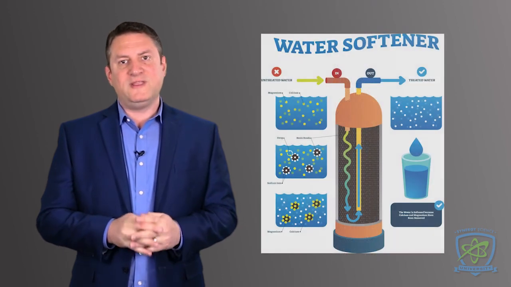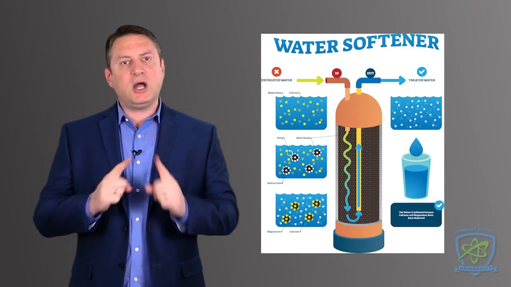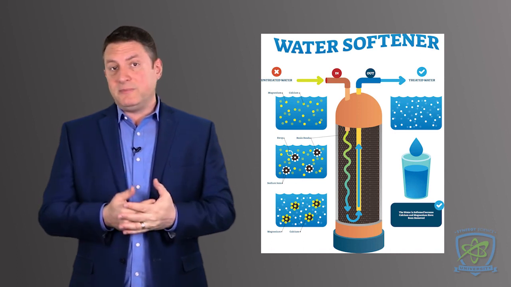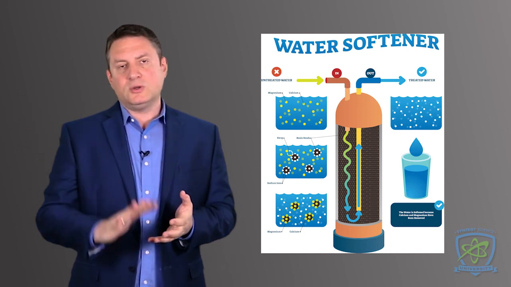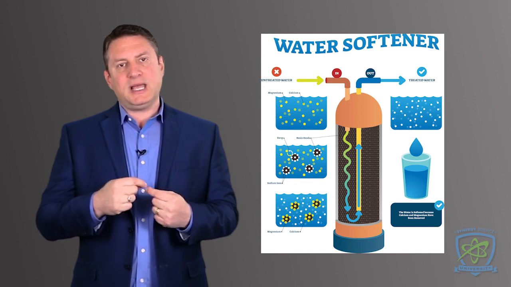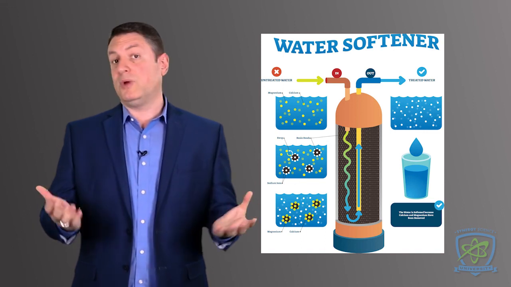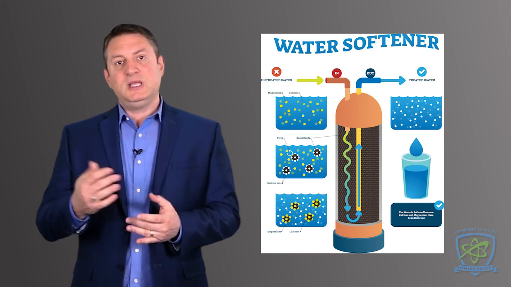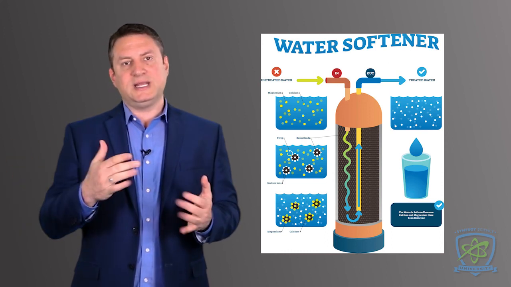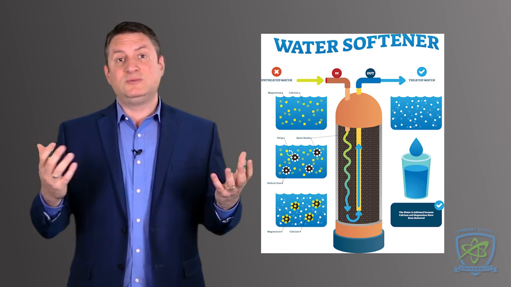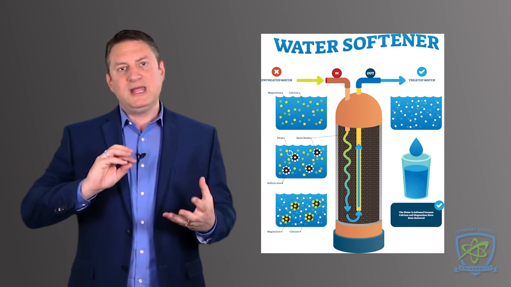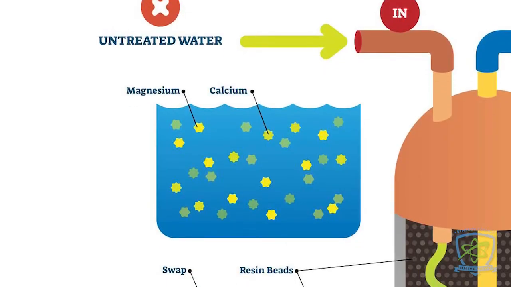But there's other things, like a water softener, that literally has an ion exchange. In a water softener, yes, there's a media and the water goes through it, but that media has a charge to it. We call them resins many times. They have a charge so that when the water passes through, heavy metals or what's called total dissolved solids, whether they be minerals or what have you, are attracted to the resin.